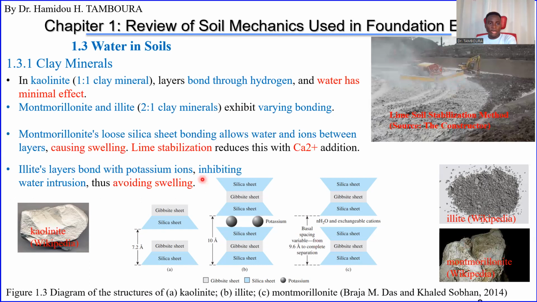And for illite, the layer bond with potassium, and the potassium ion inhibits water intrusion, thus avoiding swelling. So if you have clay on your construction site, you had better know what type of clay it is before you construct on it.